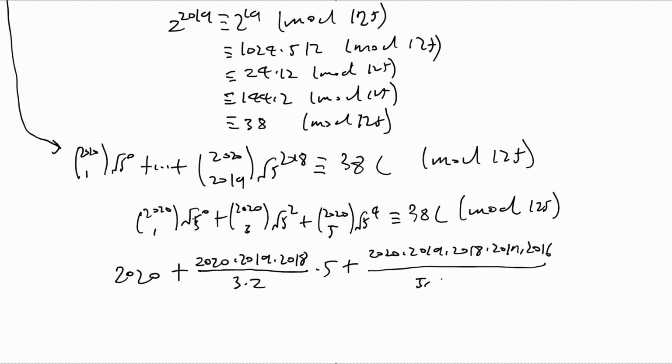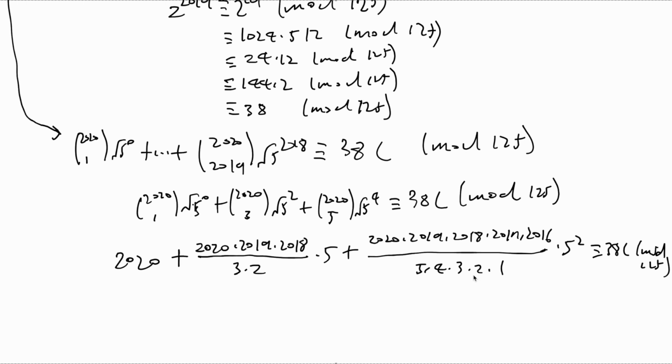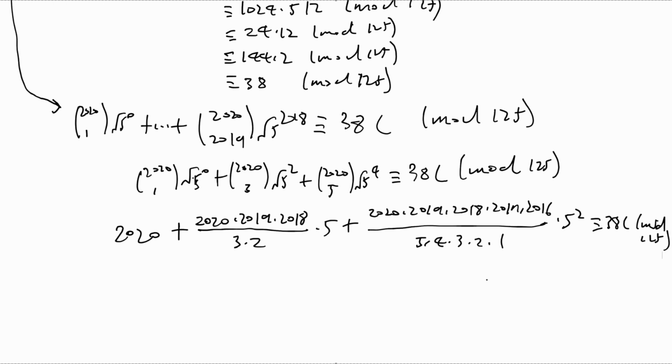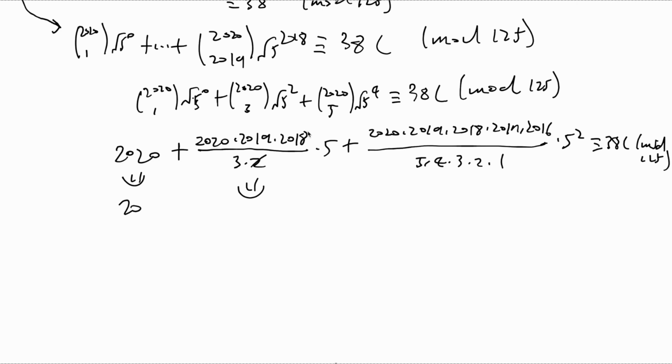All over 5, 4, 3, 2, 1 times 5 squared congruent to 38c mod 125. Let's simplify this. I think it is quite doable. Wait, you know what? Actually, we know that this one we can change to 20. This one, how should we change it? So we can simplify this one. This one we get 673.